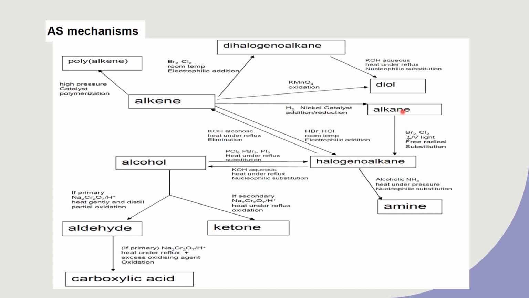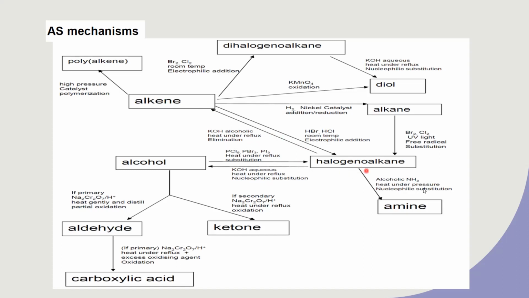Or if an alkane is there, we can use UV, ultraviolet radiation. It will undergo a free radical substitution reaction and result in the formation of a halogenoalkane. Or if we have a halogenoalkane, as we discussed in unit 2, with alcoholic potassium hydroxide and heating under reflux, it will undergo an elimination reaction and form an alkene back.